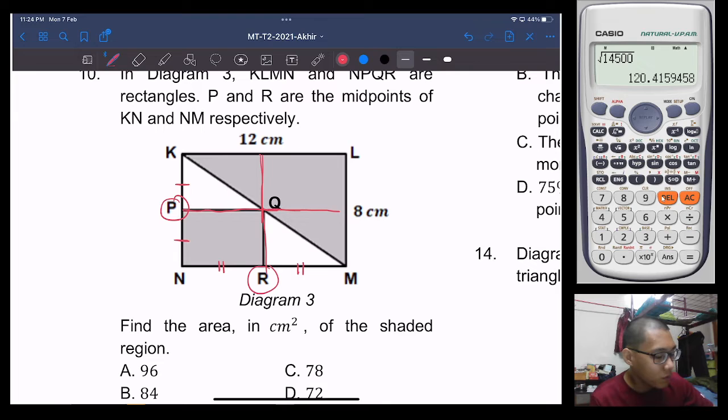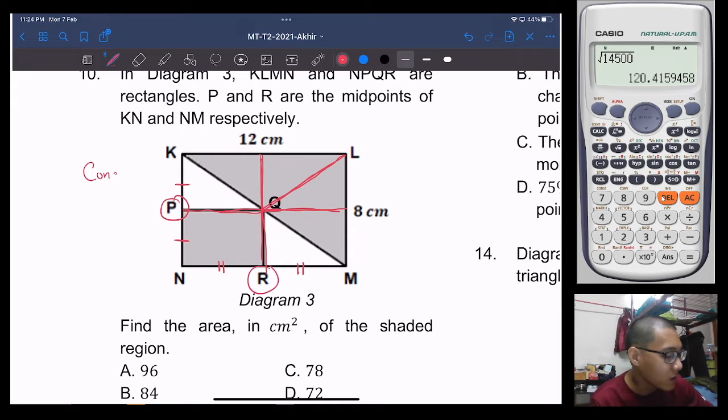After we divide equally, we find that these four rectangles are congruent. That means they are the same size. Each rectangle we can divide into two triangles, and these two triangles are also congruent to each other. Do you understand congruence?